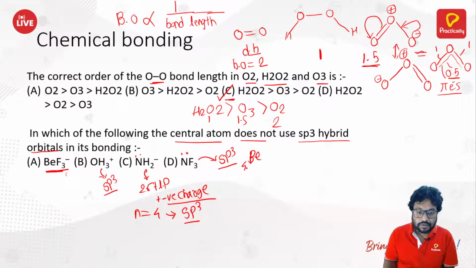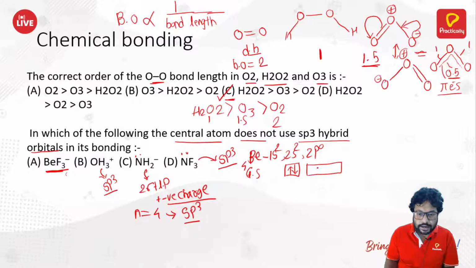Beryllium has atomic number 4, electronic configuration 1s2, 2s2, 2p0, right? So in the ground state, you have 2 electrons in 2s and 0 electrons in p. What happens in the excited state? One of the electrons gets promoted to the empty px orbital.